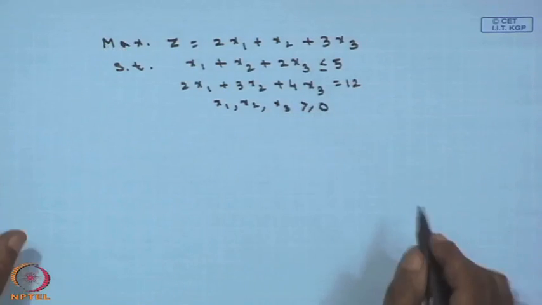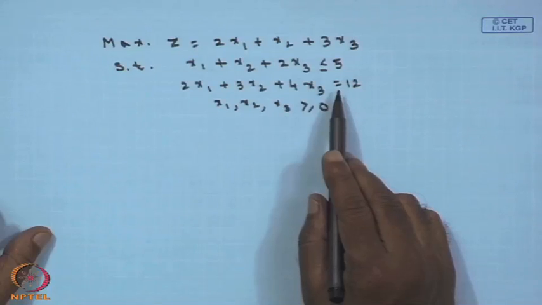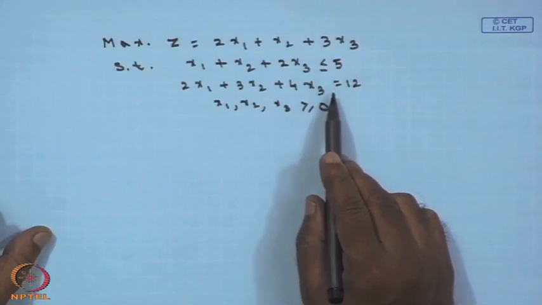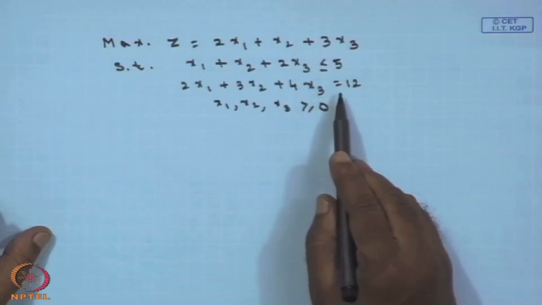If you note it, in this case we do not have a greater than or equal constraint, but we have one equality constraint, that is the second equation.